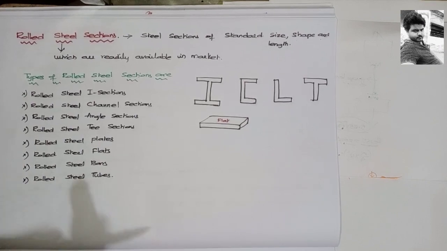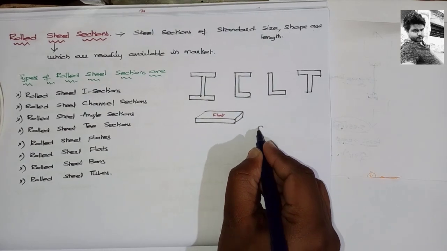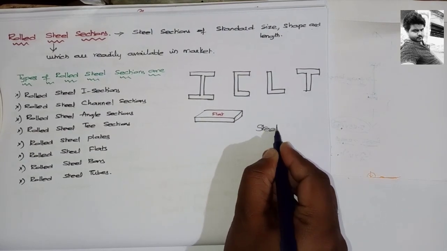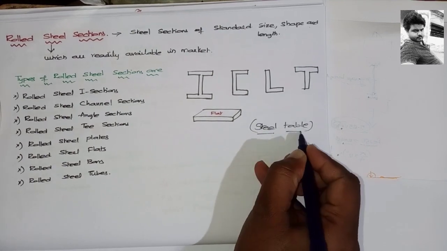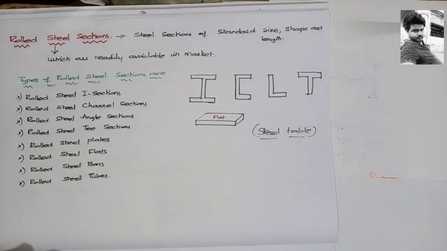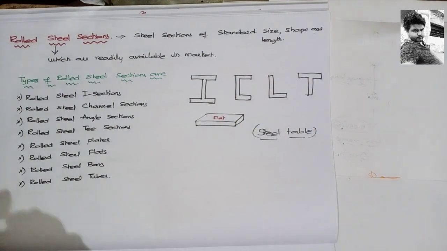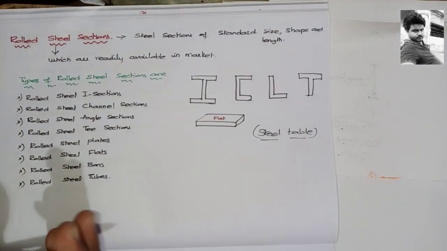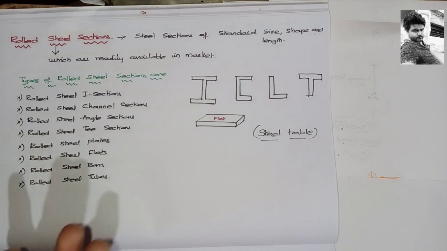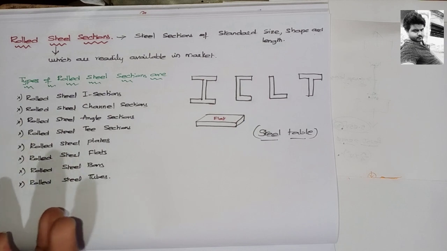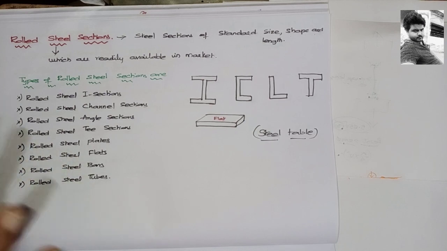Here comes the importance of the steel table. What is the steel table? It is the book where you will have the different rolled steel sections with their dimensions, geometrical details, weight, cross-sectional area, radius of gyration, section modulus, moment of inertia, whatnot, everything will be there.